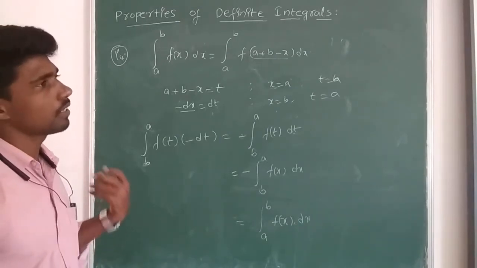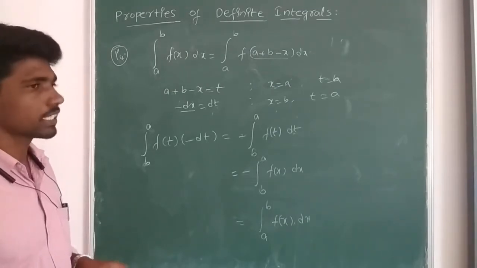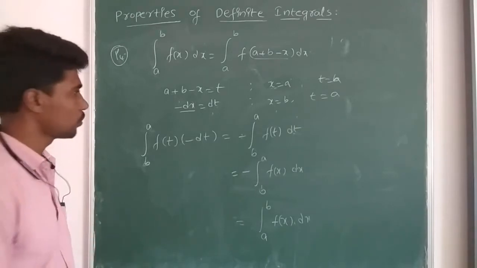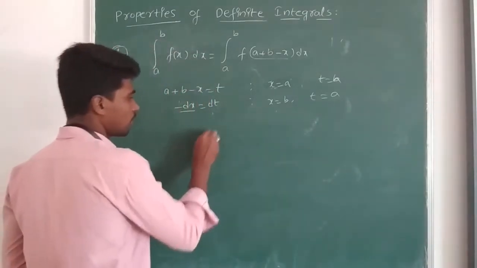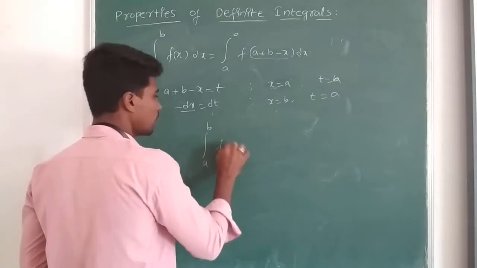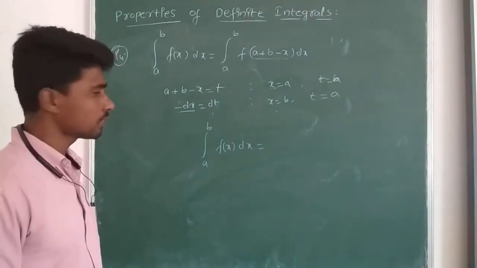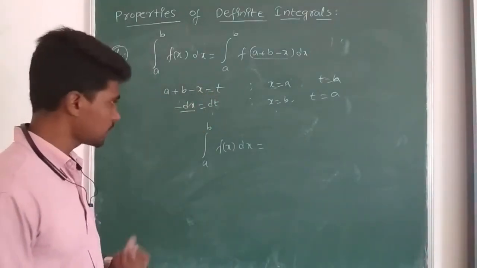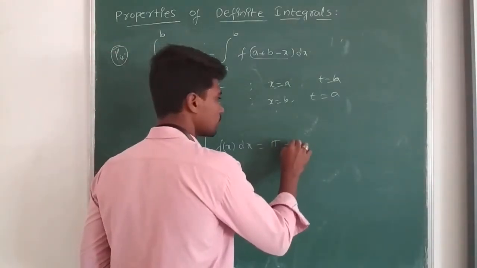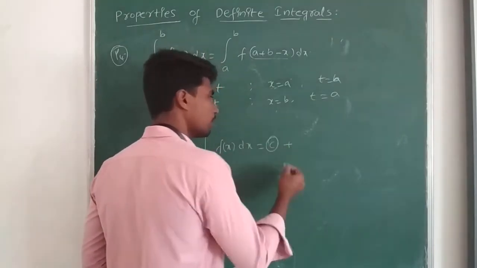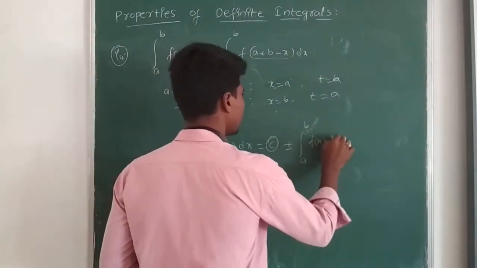So when are these useful? If you are able to express f of x, suppose, if you are able to express integral a to b f of x dx, which we need to simplify, in that case, by using this particular formula, we can express it as some constant plus or minus integral a to b f of x dx.